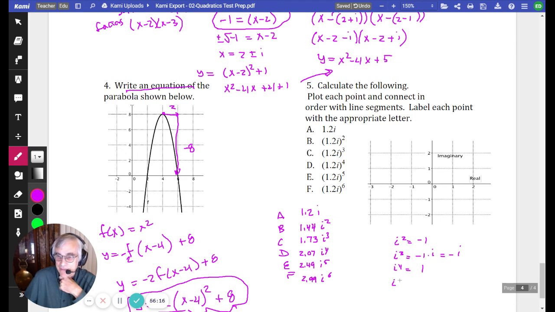And then i to the fifth is going to be 1 times i, which is i. And then i to the sixth is going to be i to the fifth times i, which is -1.